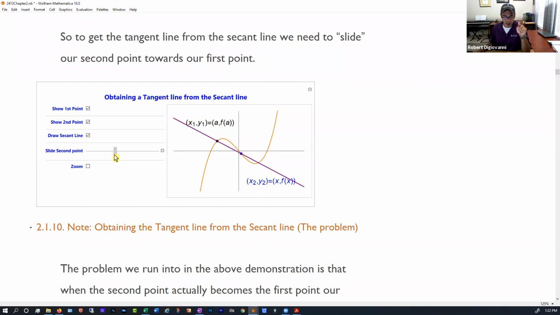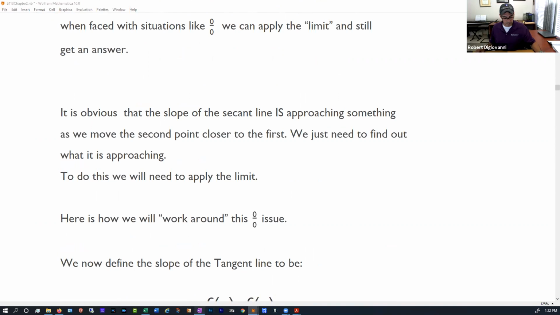This is us letting x approach a. That's what we started with when we started this section. We're going to do the exact same thing now, just using different notation. So here's how it's going to go.